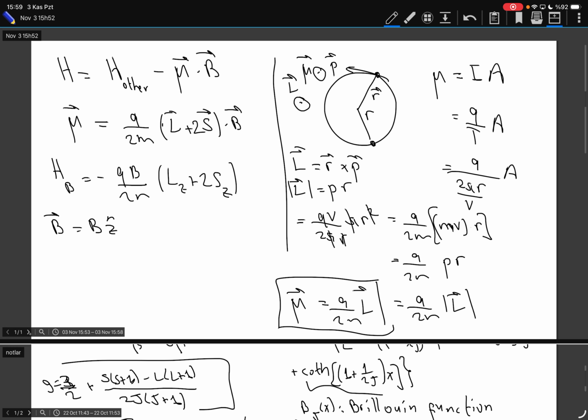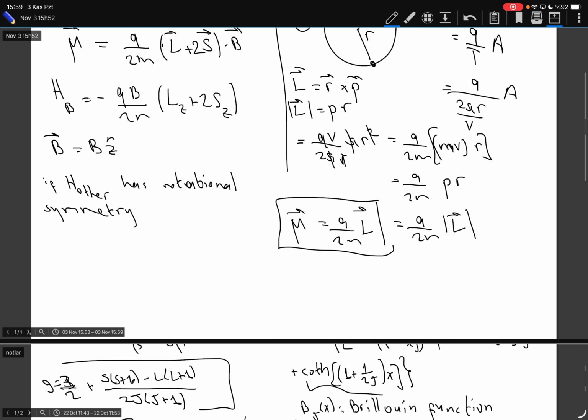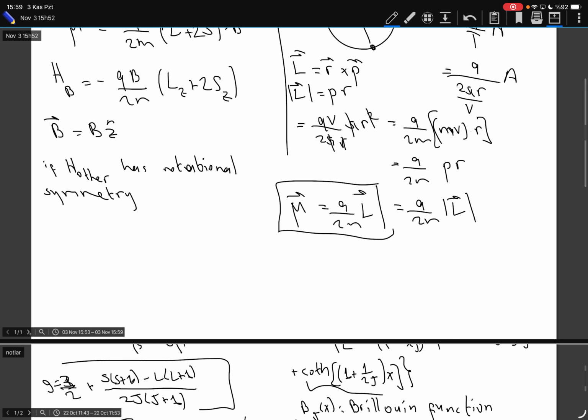Now, let's say that the system has rotational symmetry. Well, what rotational symmetry tells us is that we can write the energy eigenstates in terms of the total angular momentum quantum number J, Jz, L, and S.